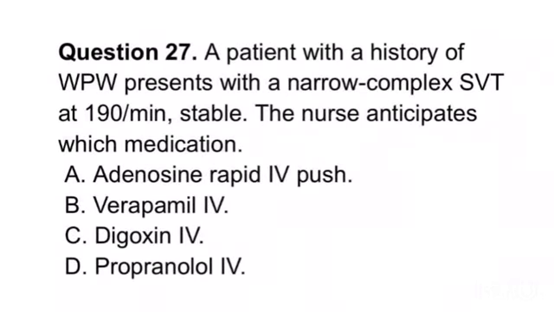Question 27. A patient with a history of WPW presents with a narrow complex SVT at 190 per minute, stable. The nurse anticipates which medication? A. Adenosine rapid IV push. B. Verapamil IV. C. Digoxin IV. D. Propranolol IV.